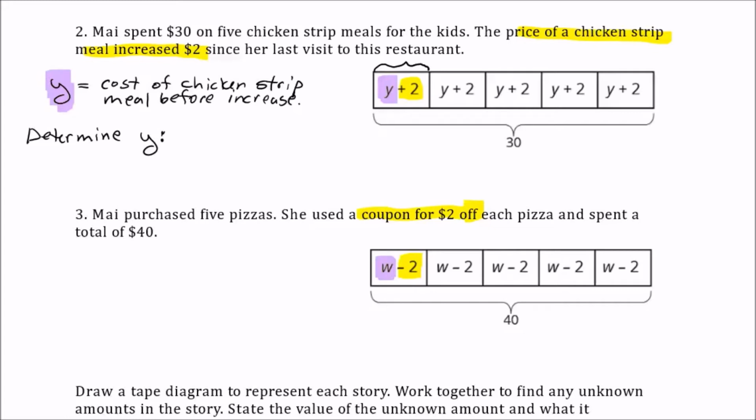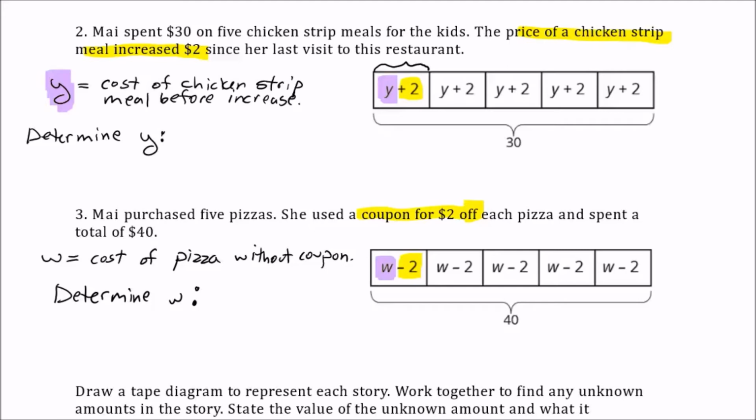So W is going to be the cost of pizza without a coupon, or the regular price of pizza is another way you could say it. So that's what we're figuring out. Figure out what is the cost based on this diagram here. And I would like you to go ahead and complete this. I want you to determine W and talk a little bit about how you did it.